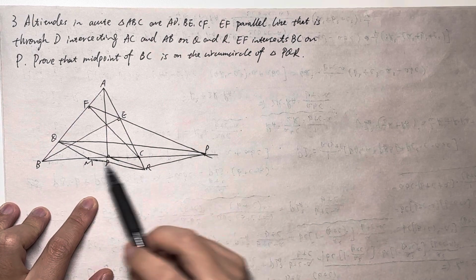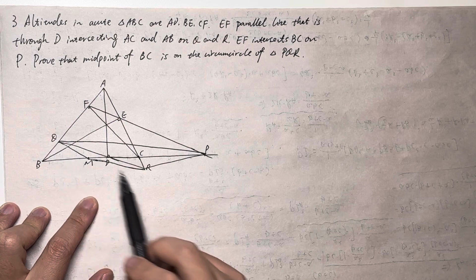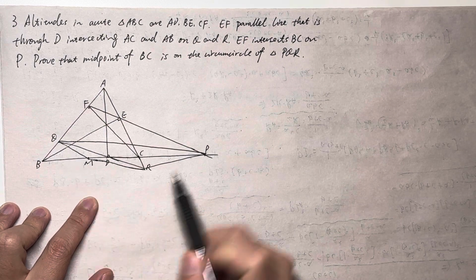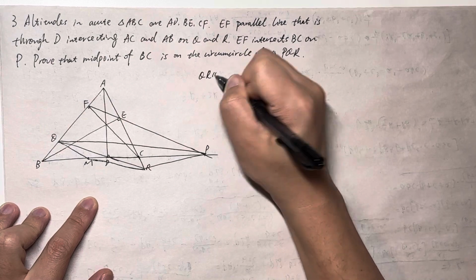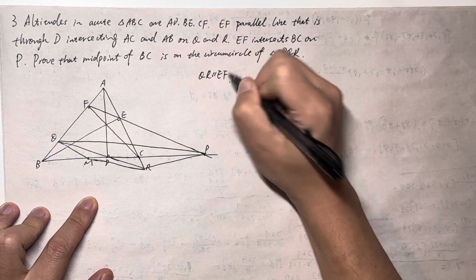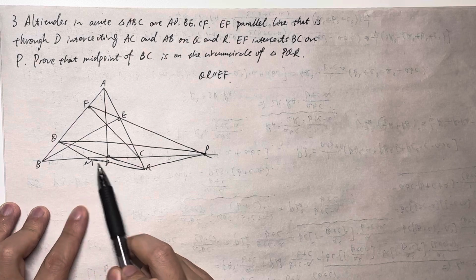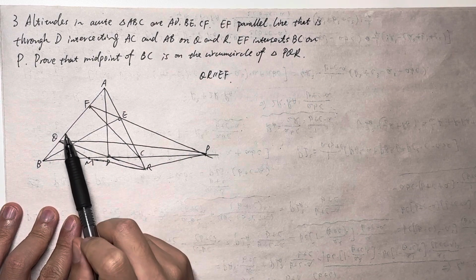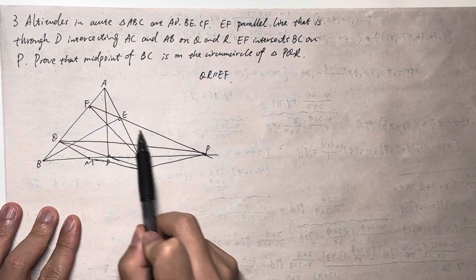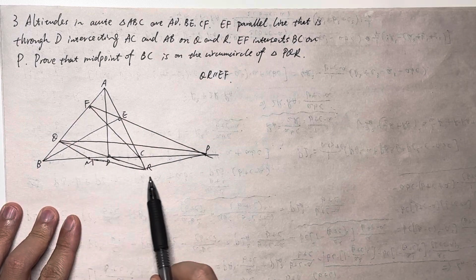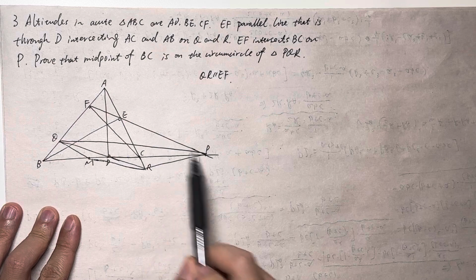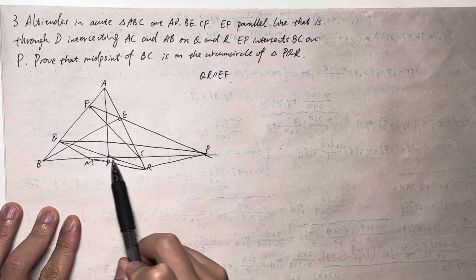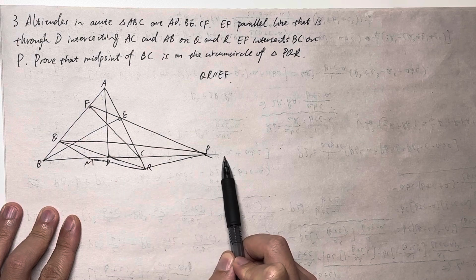R and Q come from the parallel line, QR is parallel with EF. So Q and R come from the line parallel to EF, and P comes from EF intersecting BC.